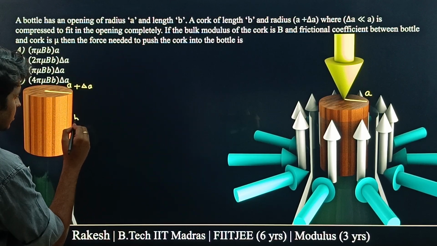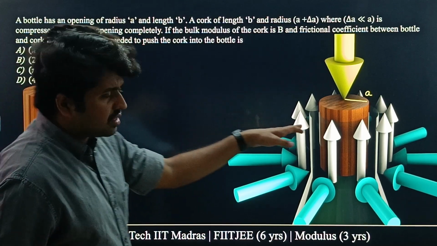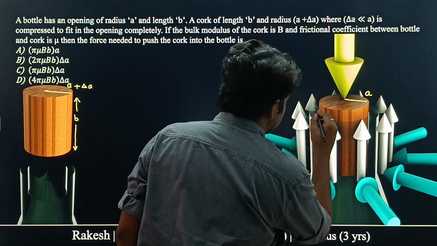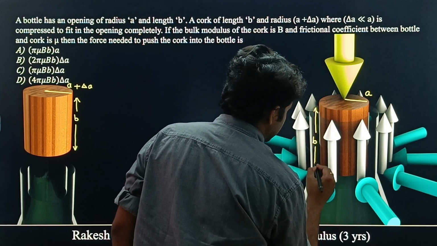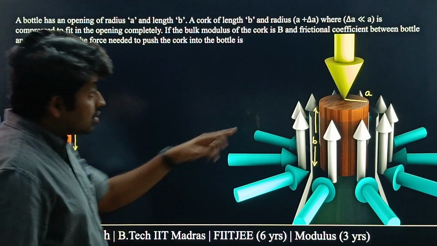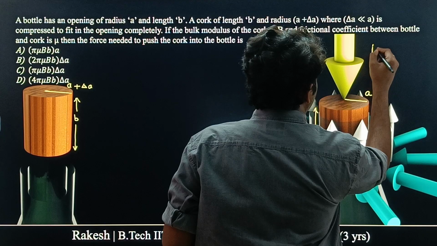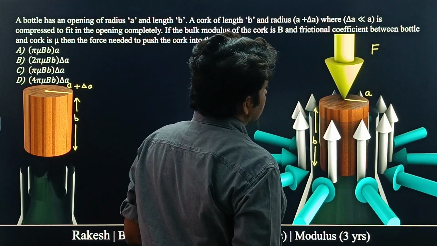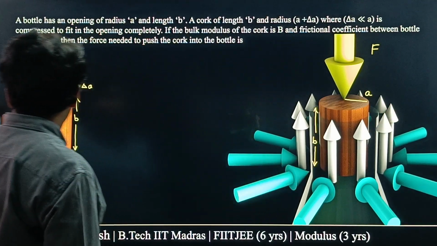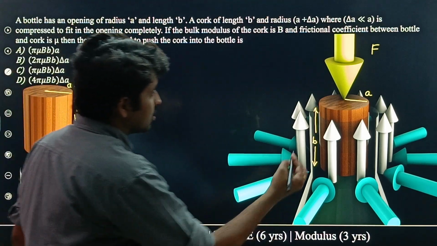This length is B, and finally, the length remains the same. The length is B. Next, this is what we need to find, the force applied by us, some F. Force by us. This white color that you see now is the friction force. So let us mark the friction force. So this is friction.